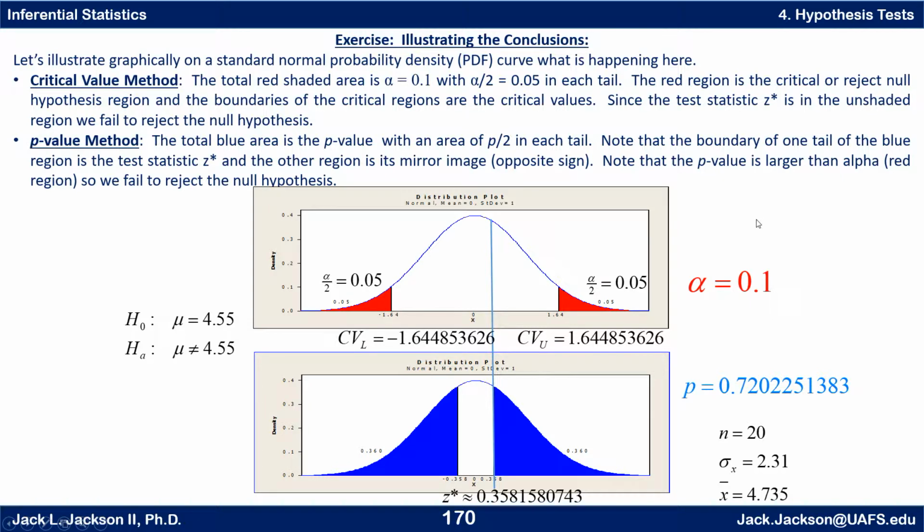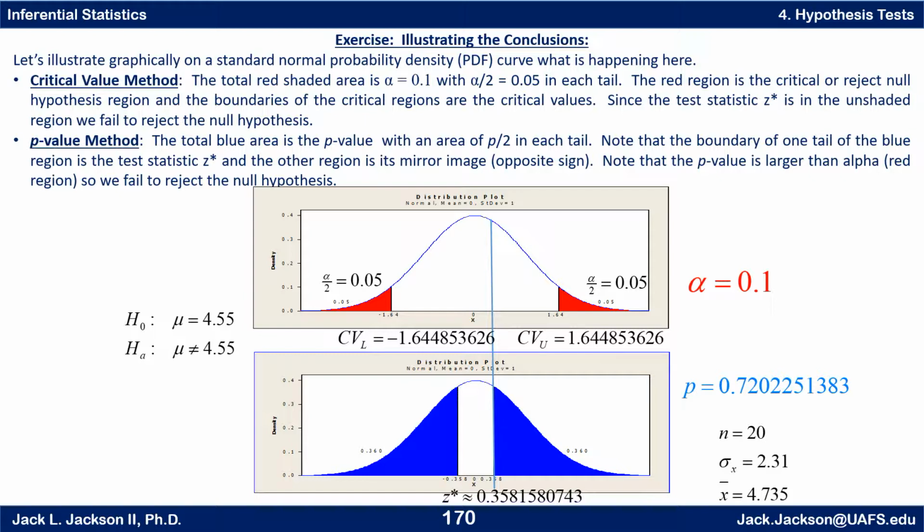Okay, so once again, here's a visual illustration of the critical value method and the p-value method. The top with the red shaded area in the graph is the critical value method. The red region is the alpha, which is 0.1, split into half of that in each tail, 0.05 in each tail. Alpha is 10%, each tail has 5%.